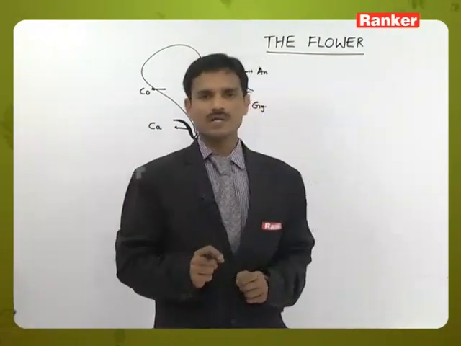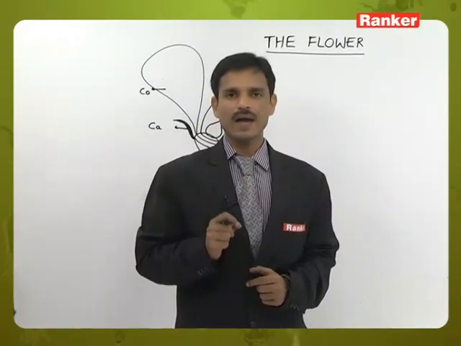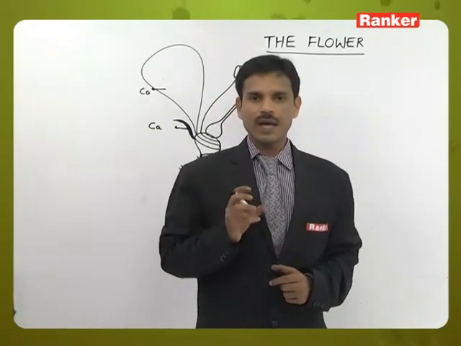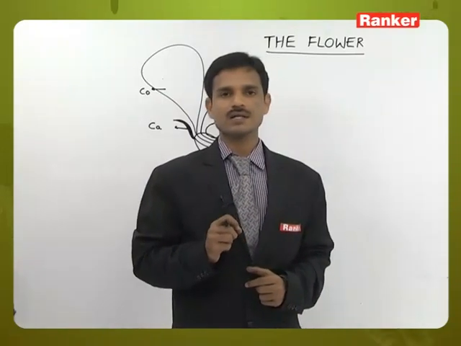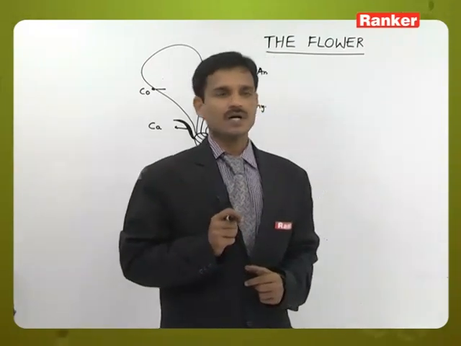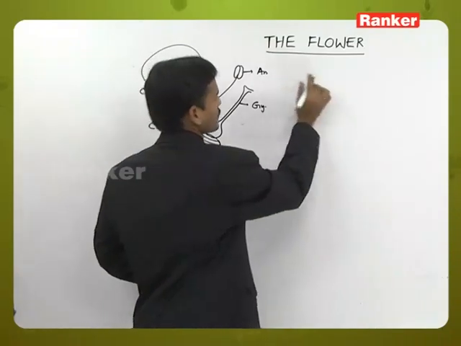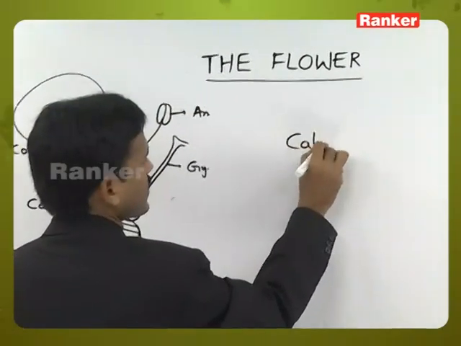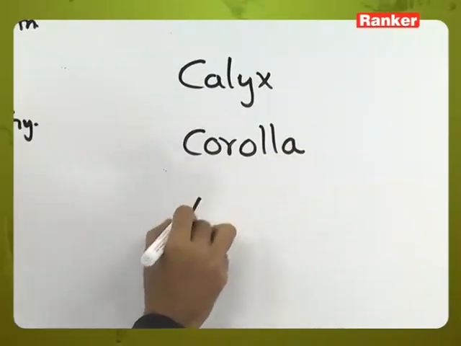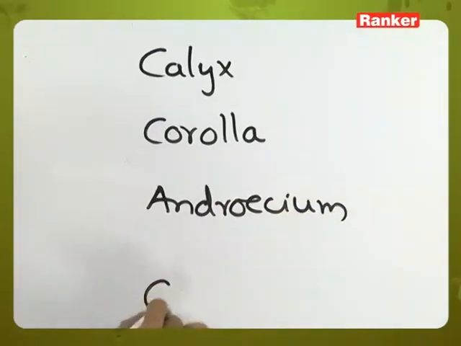The floral parts are mainly calyx, corolla, androecium, gynoecium. In this, only calyx and corolla are considered as non-essential organs, and androecium and gynoecium are considered as essential organs.